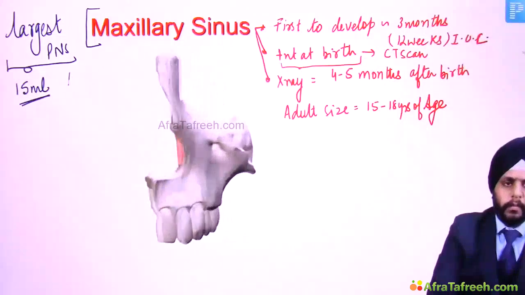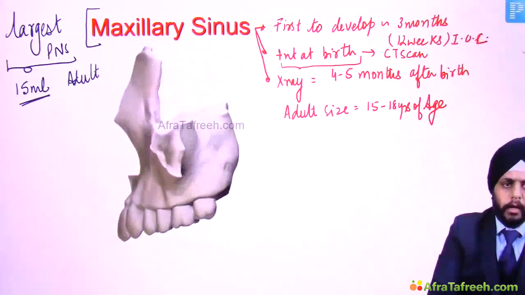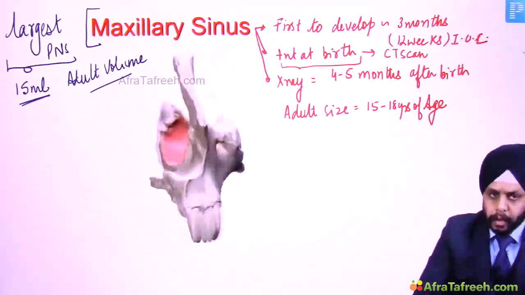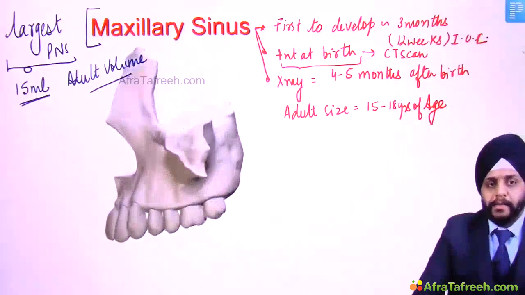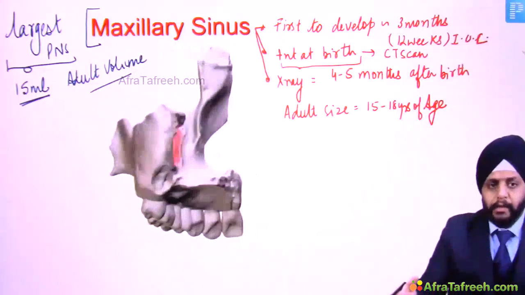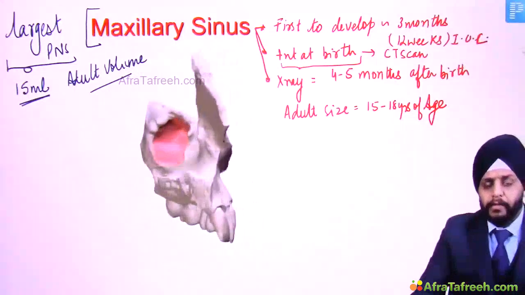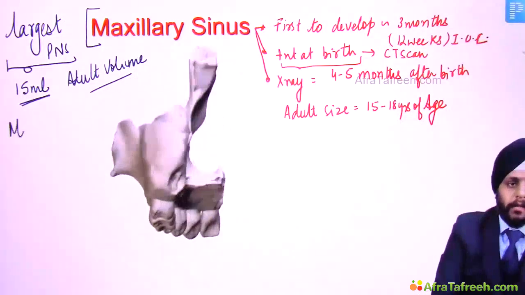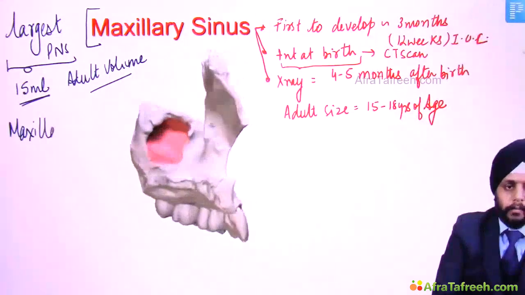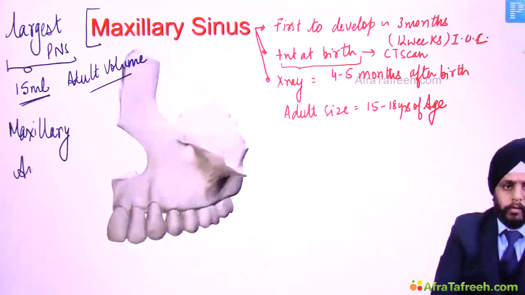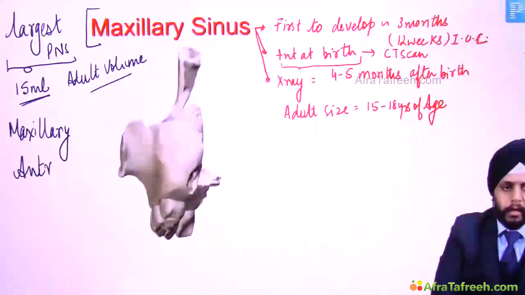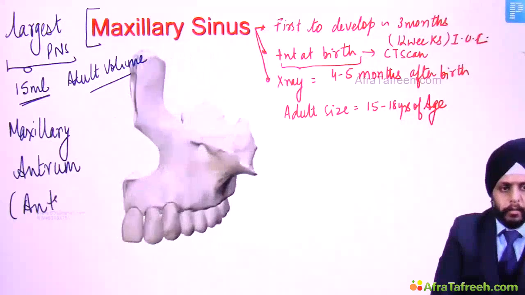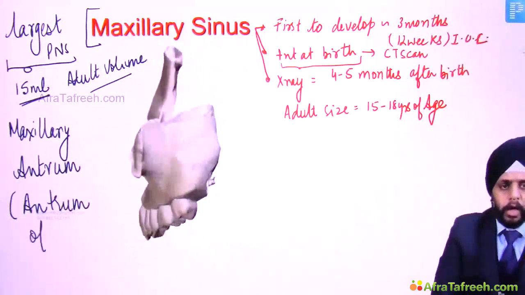Now because it's the biggest sinus, and it is one big single cell, it is also named the maxillary antrum, and we also call it the antrum of Highmore.